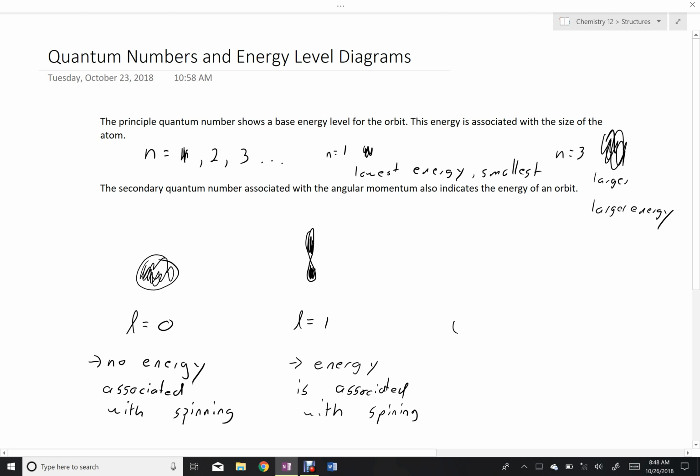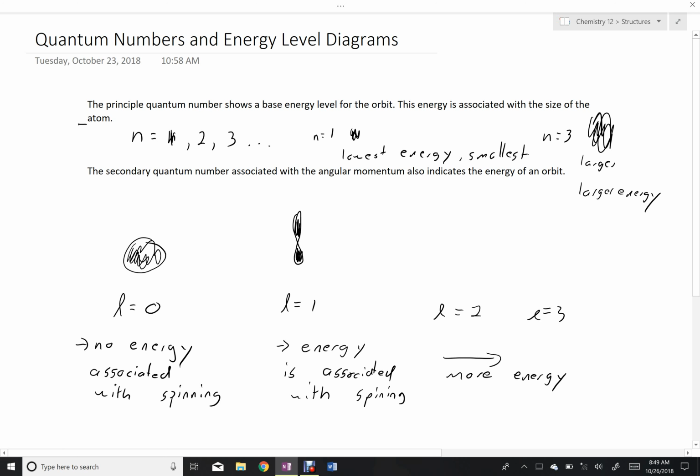In fact, as we go up to L equals 2 and L equals 3, we have more and more energy associated with the idea that these orbitals, while they may not be bigger, which would make them higher energy, they're spinning, which gives them a secondary source of energy. So the principal quantum number is still the principal measure of energy, but the secondary quantum number, or L, also impacts the energy of the overall orbital.